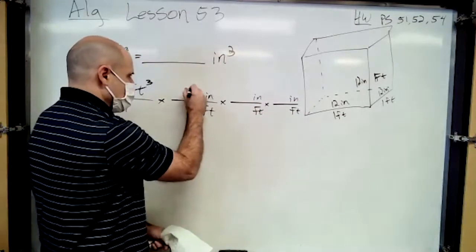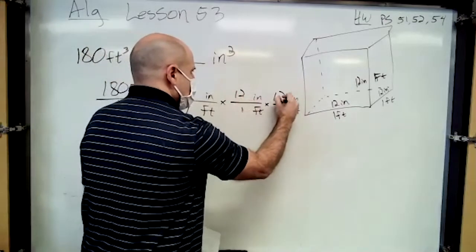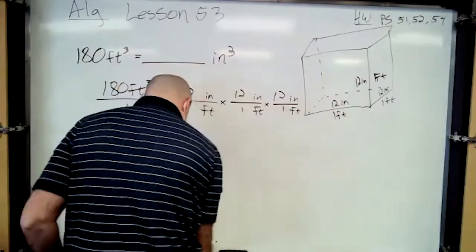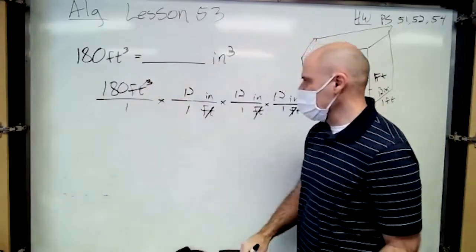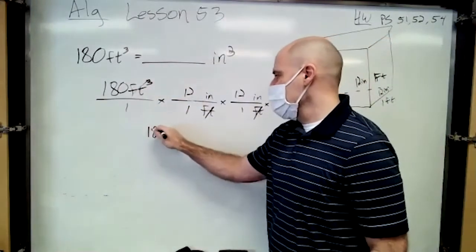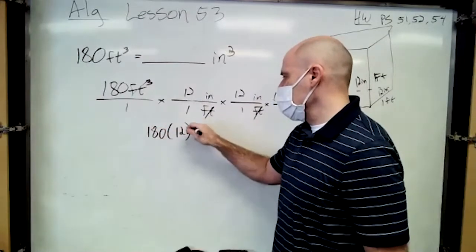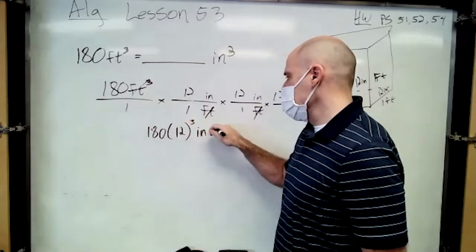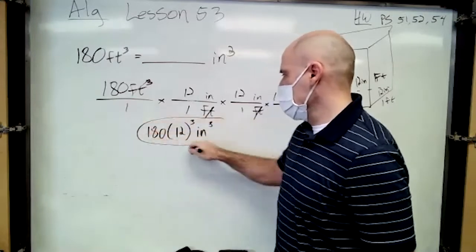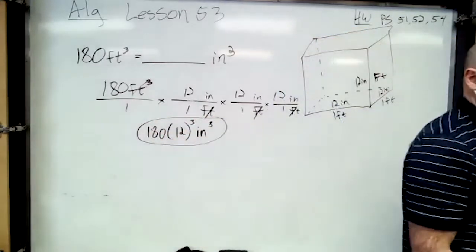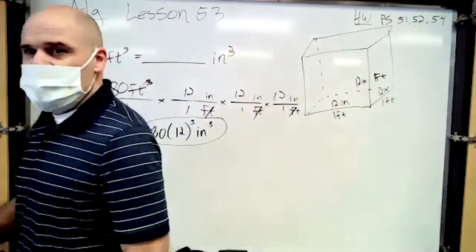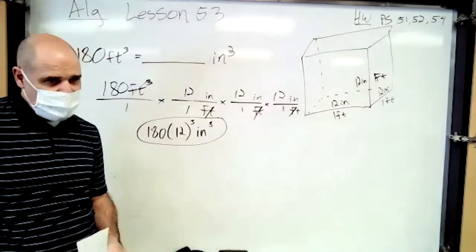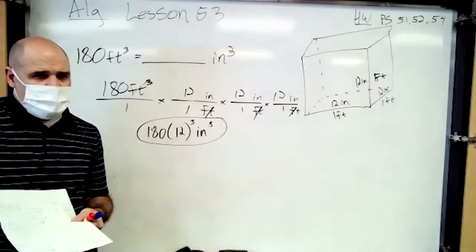So 1, 12. And now I have enough feet labels to totally cancel that label. So I'm left with 180 times 12 times 12 times 12 inches times inches times inches. So there's my answer. You can multiply it out if you want, no problem. But if you show me this, then I know that you know how to do this.